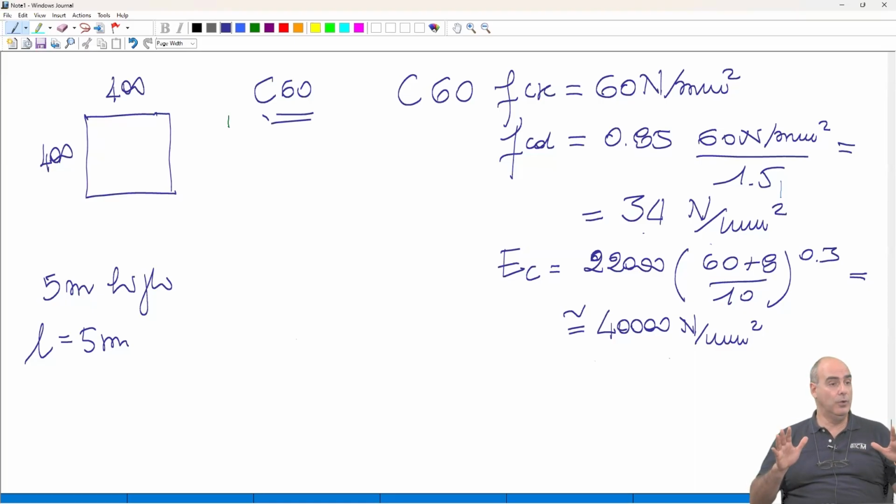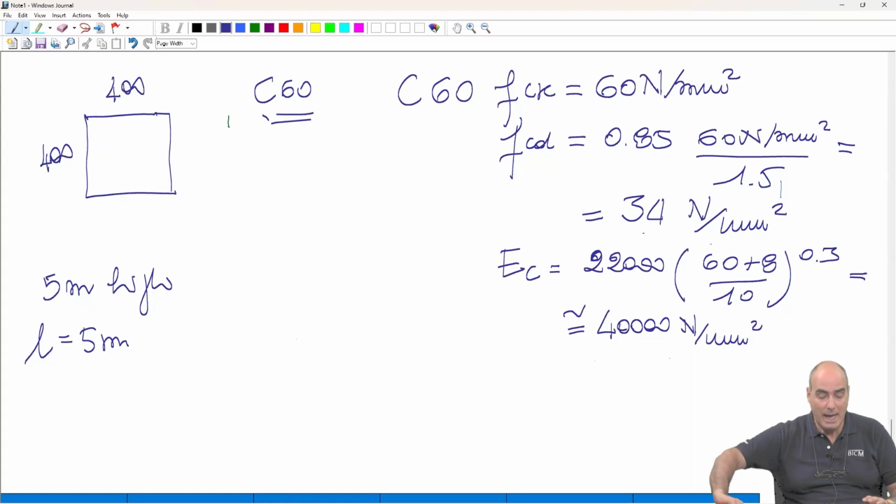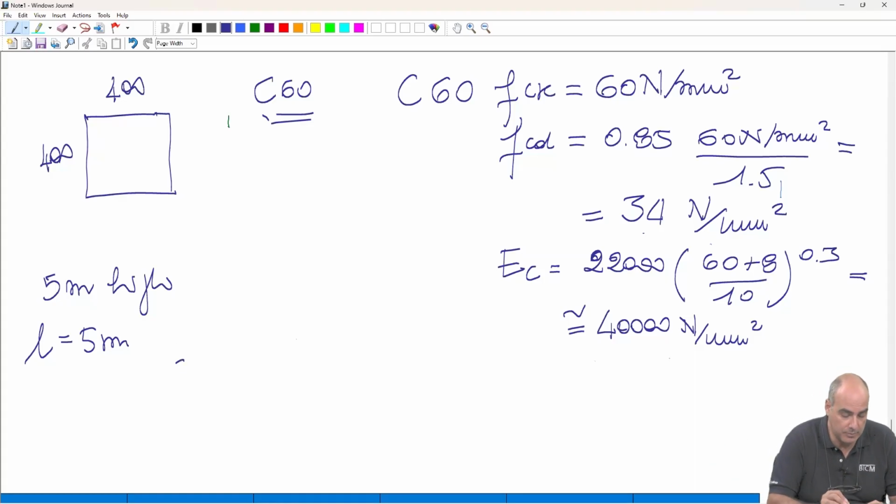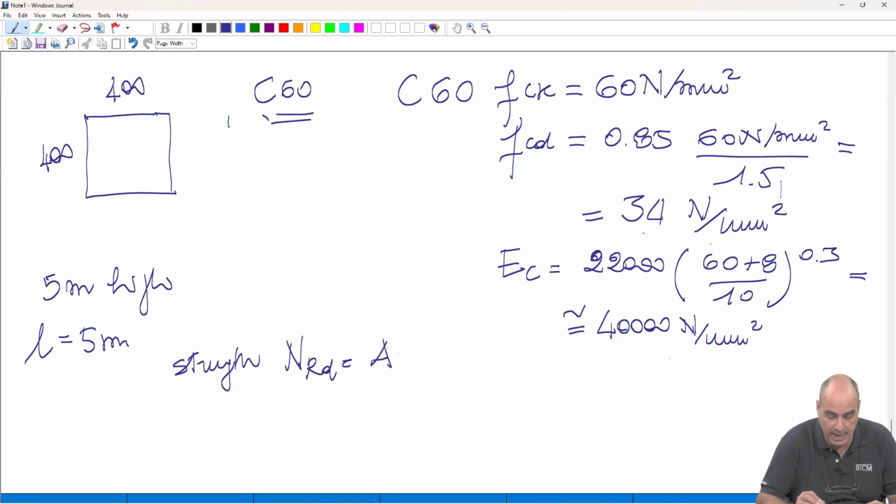So for this column, I have two maximum load capacities. One is the strength. NRD is equal to Ac fcd. And how much is this?